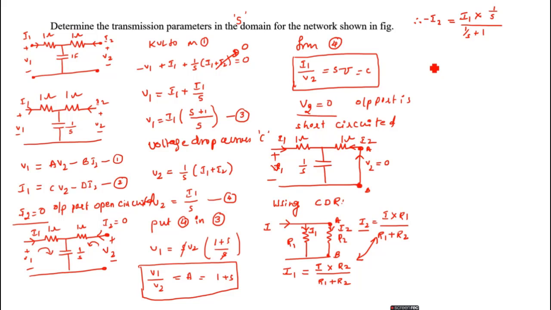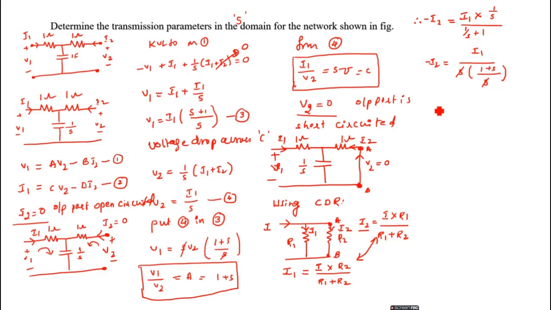Do simplify this. I2 equals, so here LCM is S, so 1 plus S into I1. Do simplify this. I have written this in the denominator. LCM of this is S, 1 plus S. This S and this S will be cancelled.